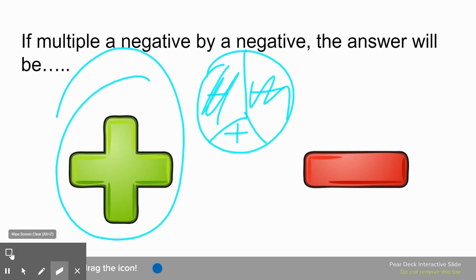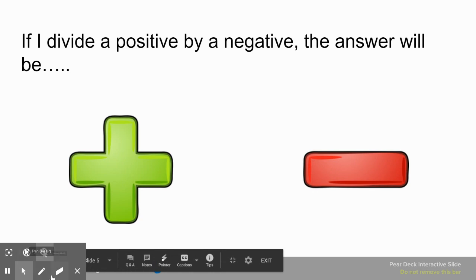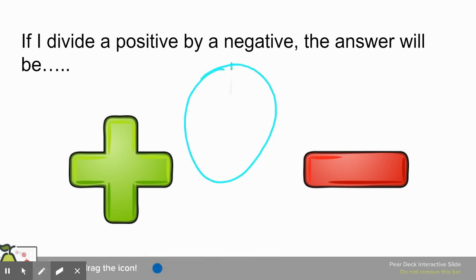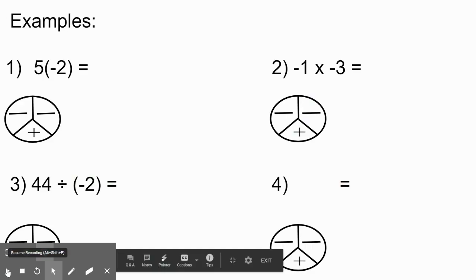If it doesn't, that means we messed up somewhere. So if I divide a positive by a negative, the answer will be, so let's see, positive divided by a negative. I have a negative left over, so a negative is my final answer.